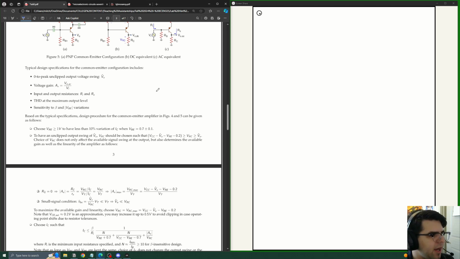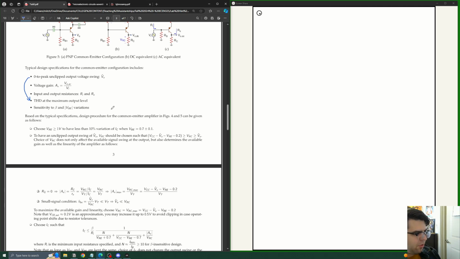Because of that, we get THD, because it won't look like a pretty sine wave anymore. So we have to design for that. We also want to design for a specific voltage gain and specific input and output impedances so it works correctly with our application. And we also want to make sure it's not sensitive to any variations, so that it works in lab, but also in industry, where we want it to work the same way every time, no matter which customer we give it to.